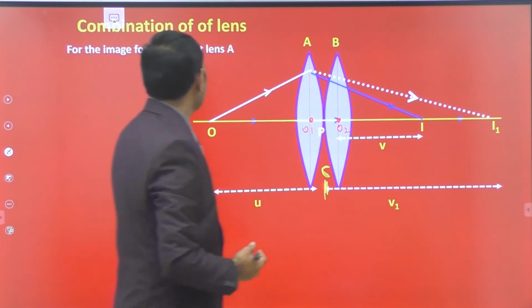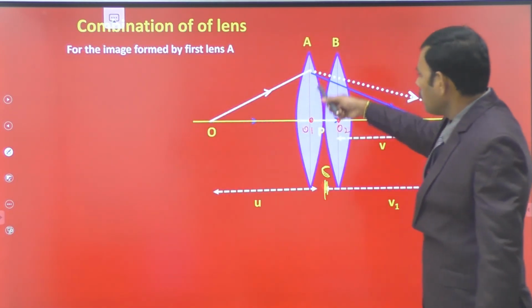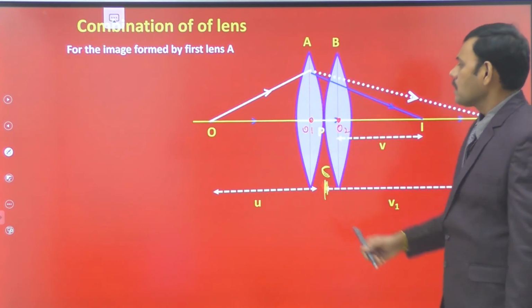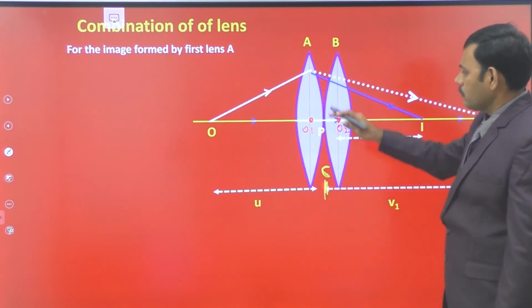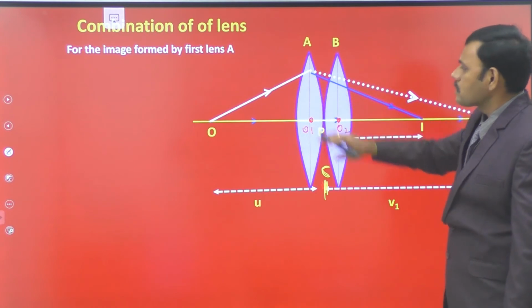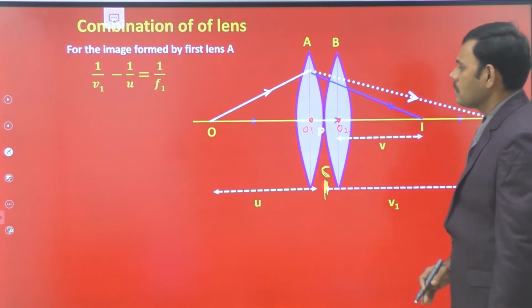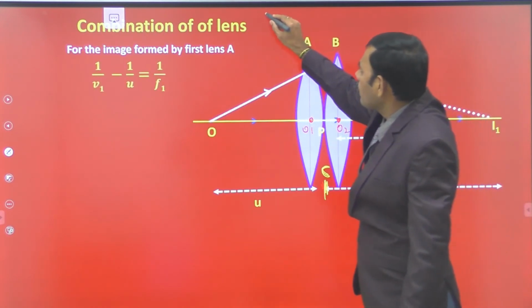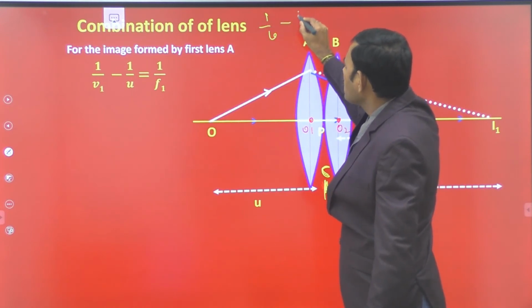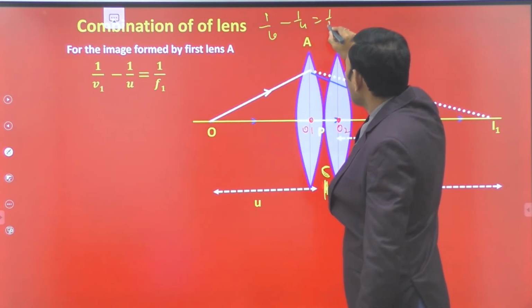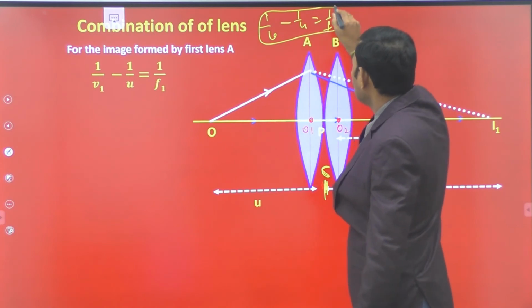Let me write the lens formula for the first refraction through the first lens. For the image formed by the first lens, we have the general formula 1 by V minus 1 by U is equal to 1 by F, known as the lens formula.